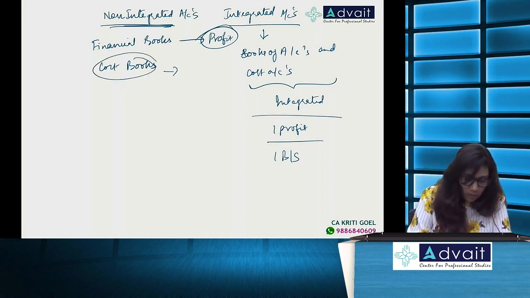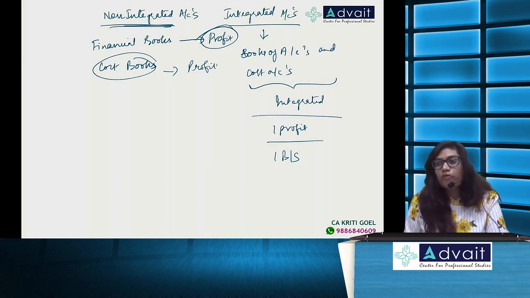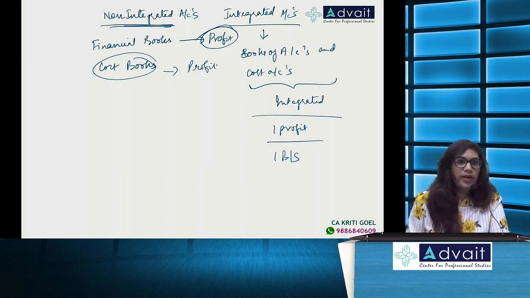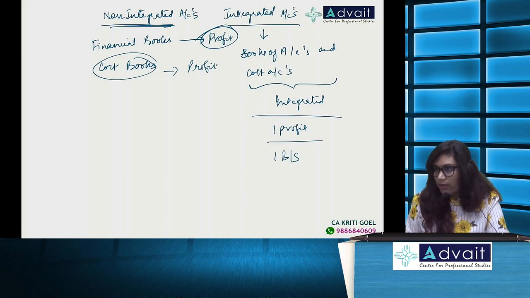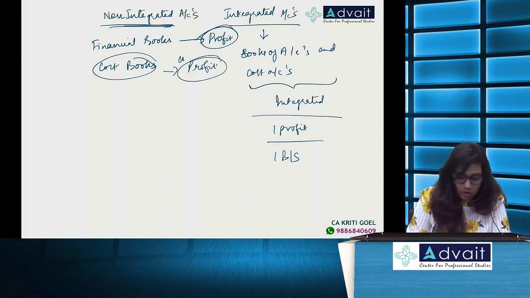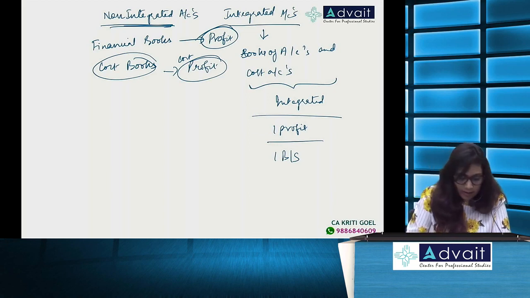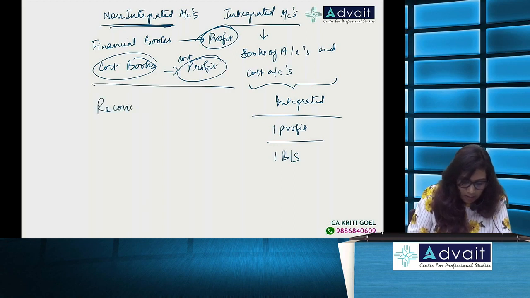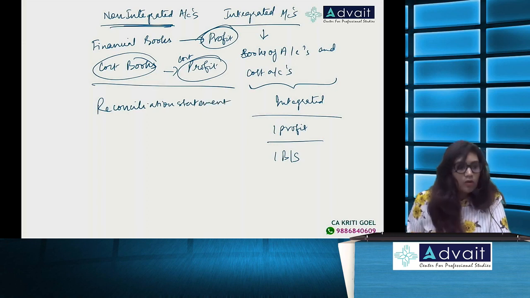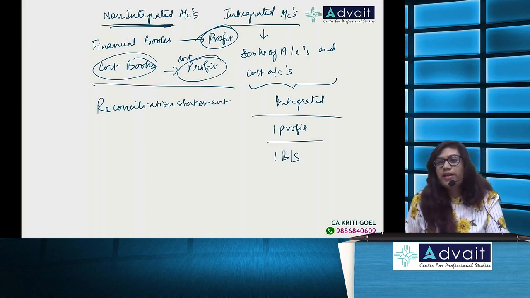As per cost books, we will calculate one more profit, because the principles of cost accounting and financial accounting both are different. Correct? And that will be the cost profit. So naturally what will happen? We have two profits in place. So there needs to be a reconciliation statement which we need to prepare to reconcile our financial profit with our cost profit.